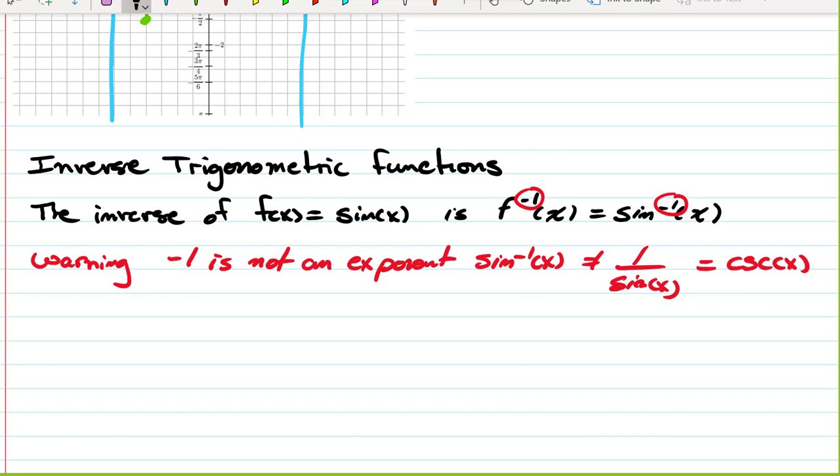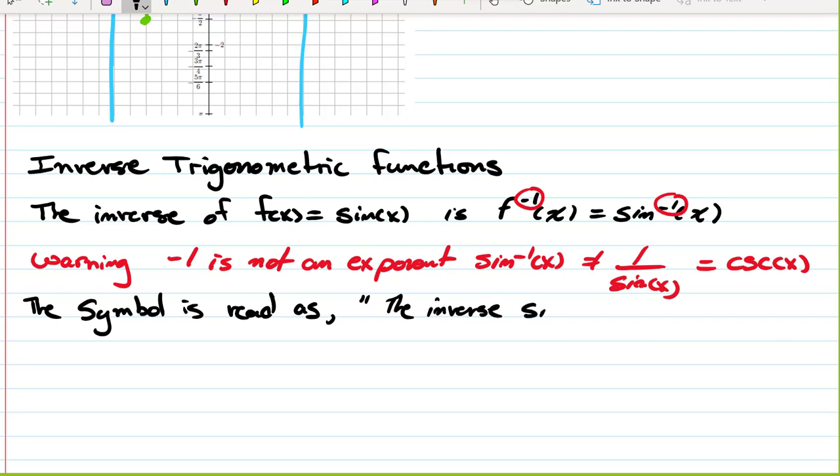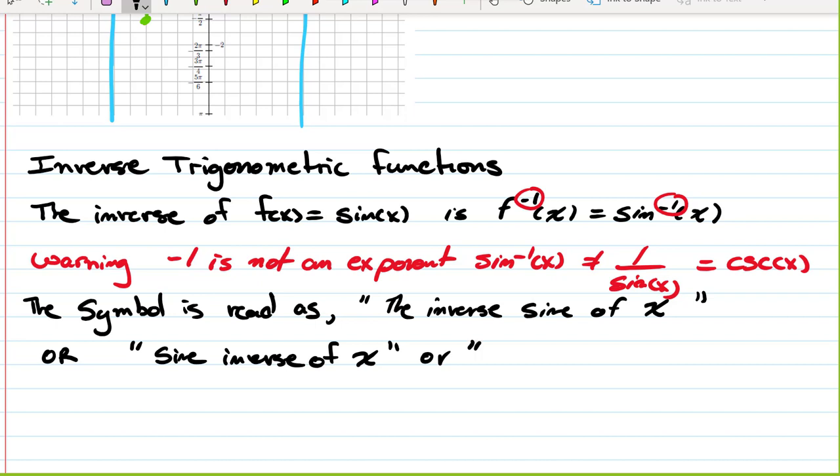So the symbol is read as the inverse sine of x, or sine inverse of x, or, if you go old school, the arc sine of x.